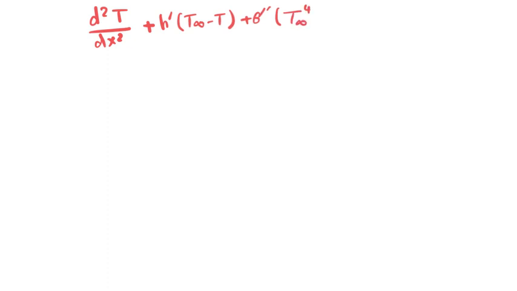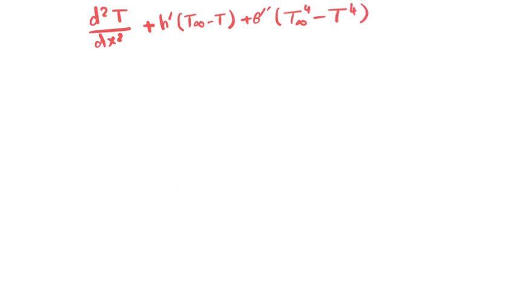Let's say that you take into account more issues of the heat transfer and losses and stuff like that. So your differential equation becomes d2t by dx squared plus h dash times t infinity minus t plus some other parameter sigma dash multiplied by the temperature, the steady state temperature raised to the power 4 minus the temperature to the power 4.